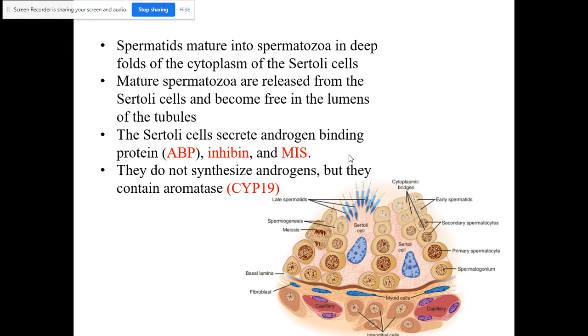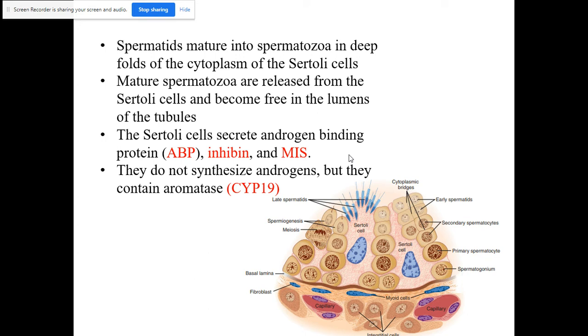Spermatids mature into spermatozoa in deep folds of the cytoplasm of the Sertoli cells. Mature spermatozoa are then released from Sertoli cells and become free in the lumens of the tubule. The Sertoli cells secrete androgen binding protein, or ABP, inhibin, and MIS, the Mullerian inhibiting substance.